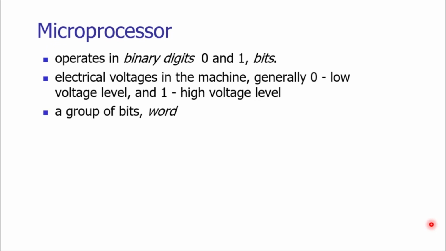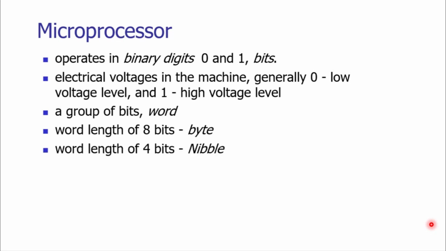When we group these bits together, a word is formed, and if the length of the word is 8 bits, then we call that word a byte. If the word length is 4, then we call that a nibble.